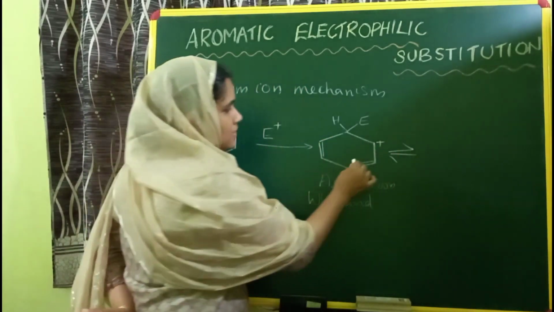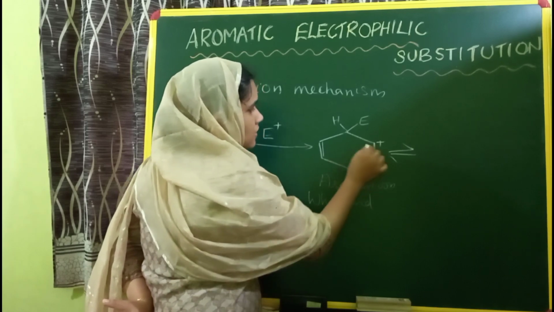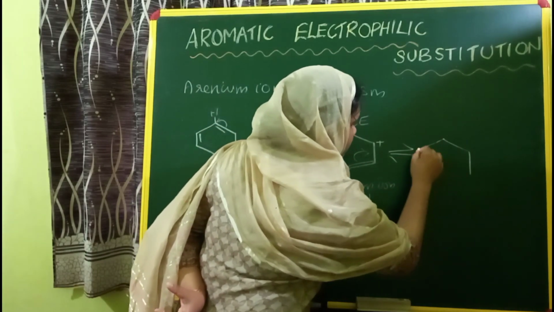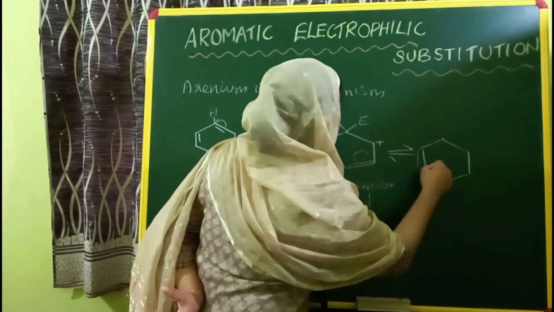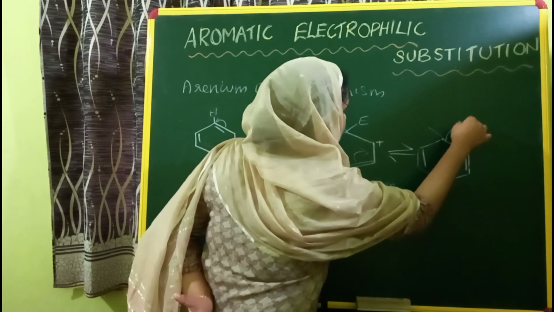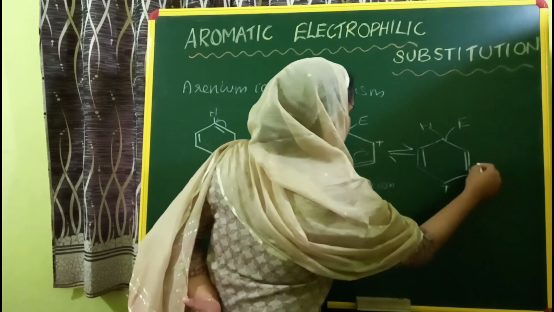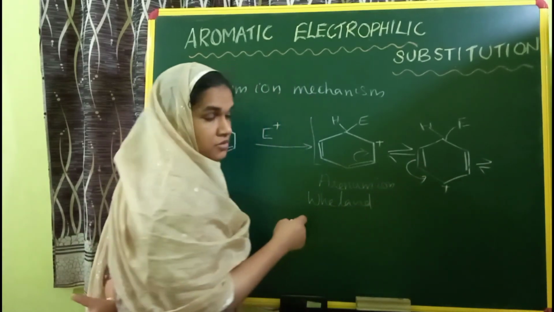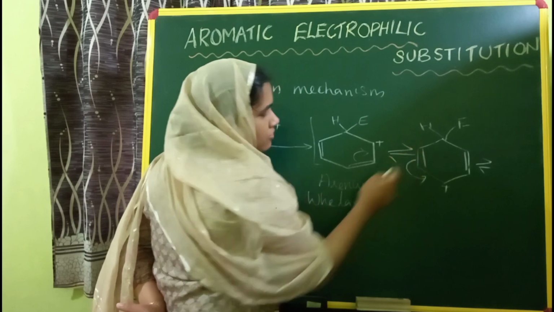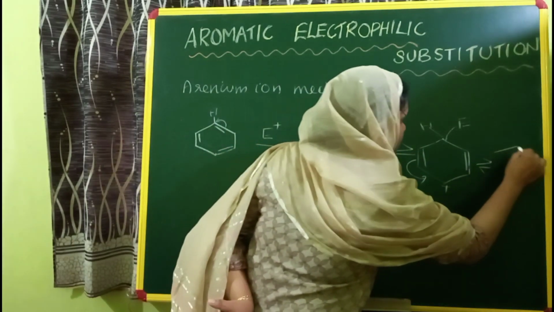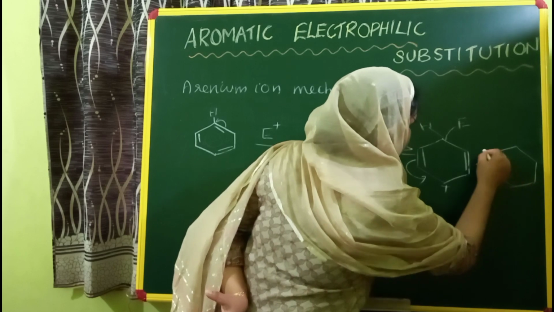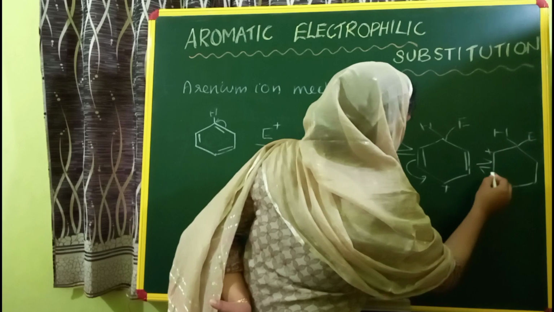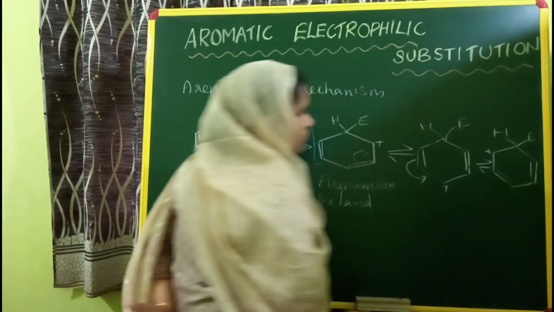So we can write the resonating structures like this. This pair of electrons is shifted over here, then we have a positive charge here, and E and H. Then this may come here, and here there will be a positive charge, here E, here H, then the double bond.